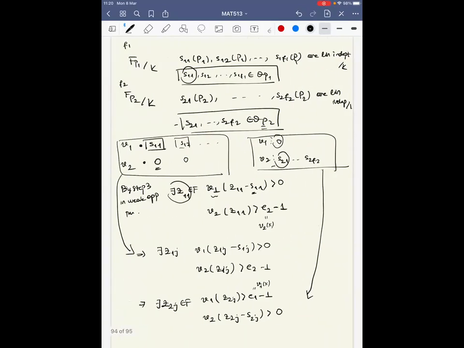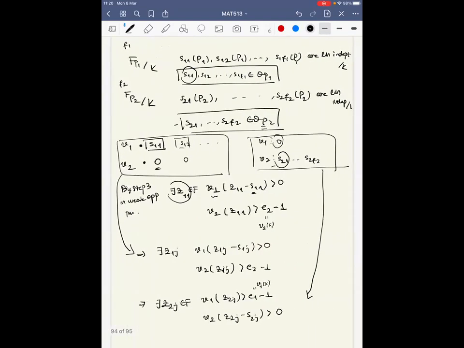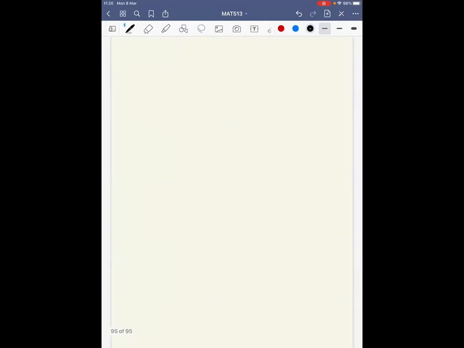So now our claim is that by using these prime elements T1 and T2 and the functions we consider here, these s_ij's and the z_ij's, actually the z_ij's depending on the s_ij's, these elements are linearly independent over K(x).